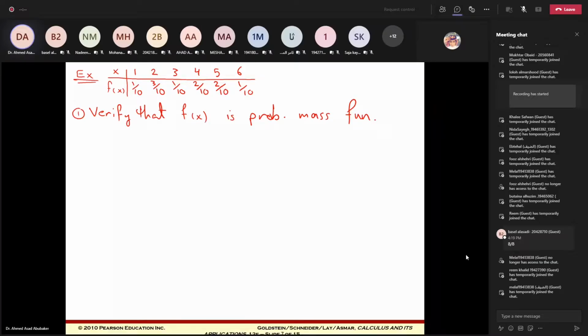Number 2, find, for example, the probability x less than 3, the probability x greater than or equal to 4, the probability x greater than or equal to 3 and less than 5.